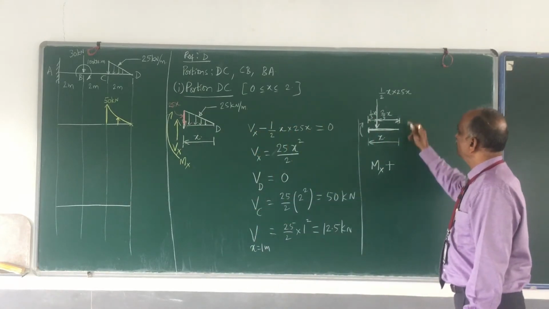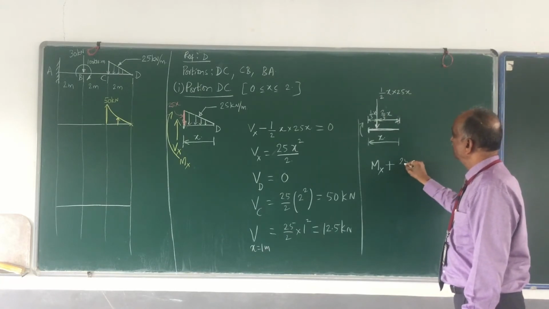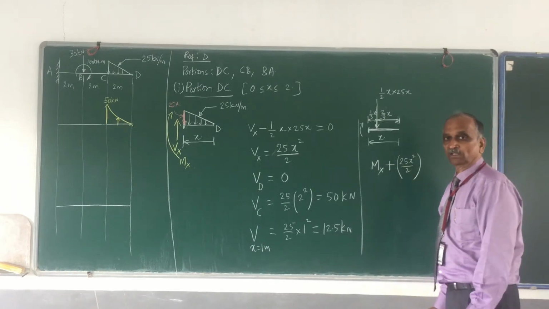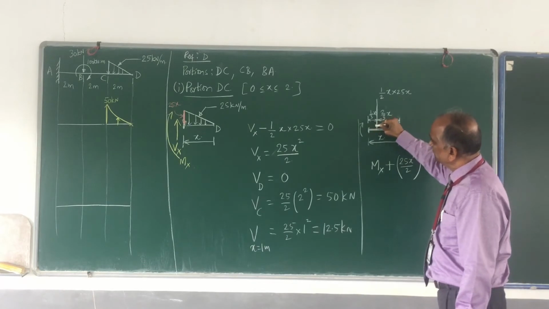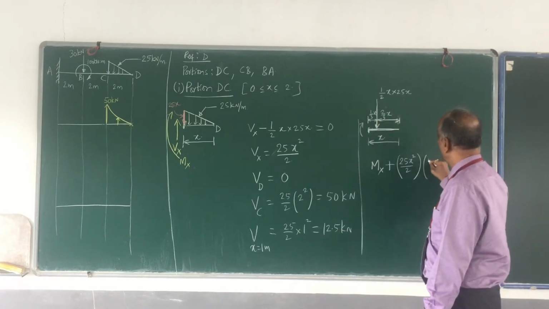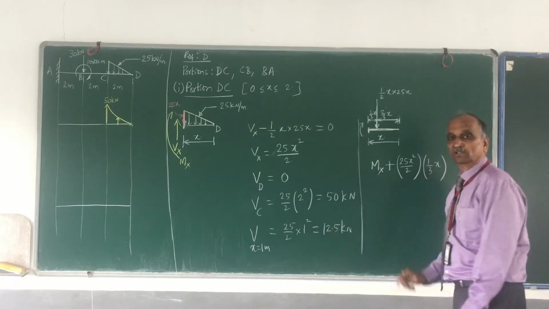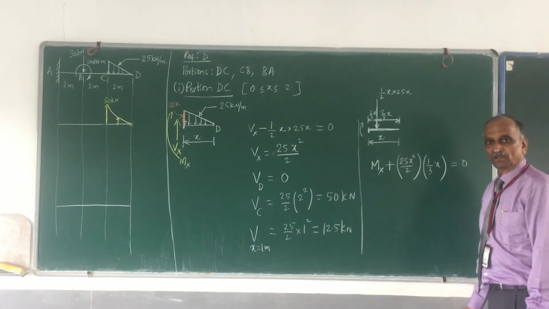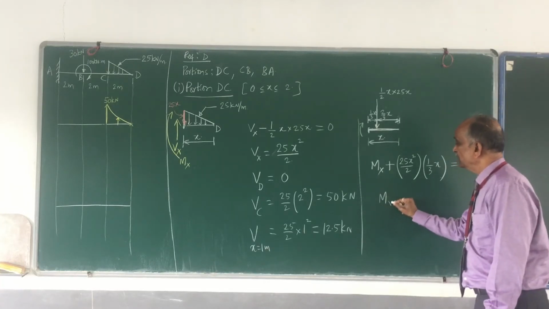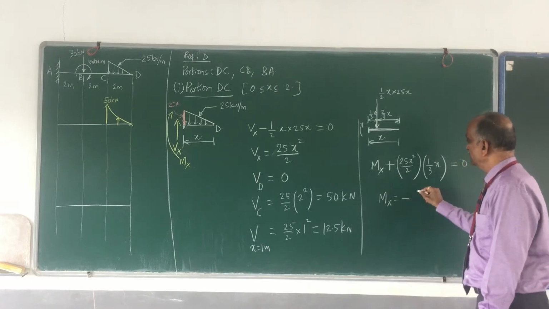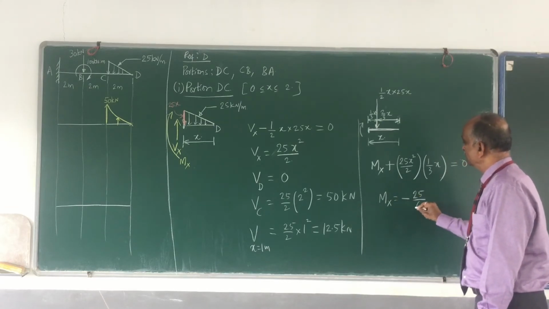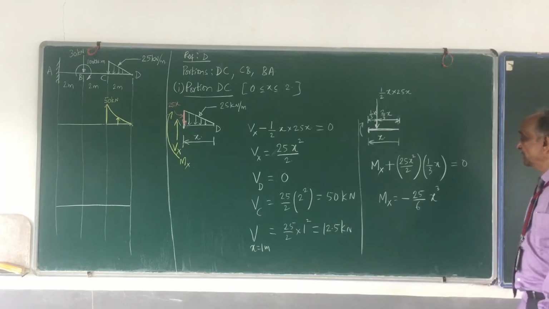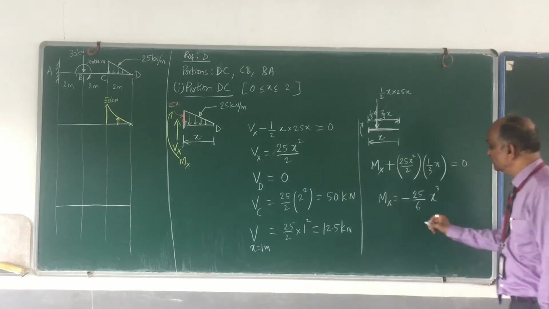The force is 25x square divided by 2, multiplied by the distance, 1/3 times x. This is equal to 0. There is no other force. So therefore bending moment is equal to minus 25 divided by 6 into x cube.